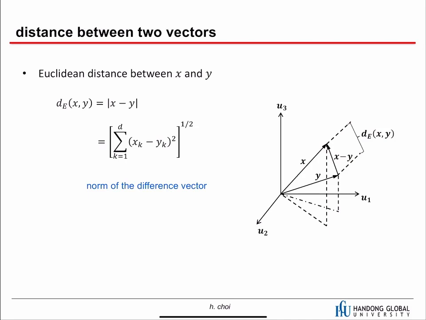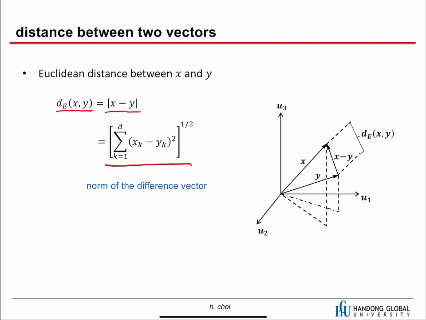And next, we can calculate the distance between two vectors. There are many different types of distances. In this slide, we want to talk about Euclidean distance, which is the simplest distance between x and y. The distance between x and y is the norm of the difference between x and y. So this distance can be defined in this way simply.